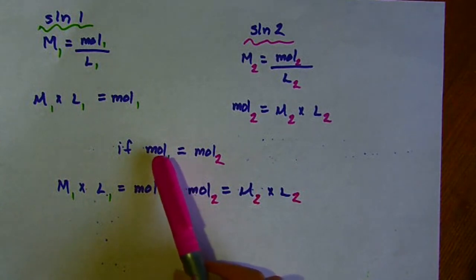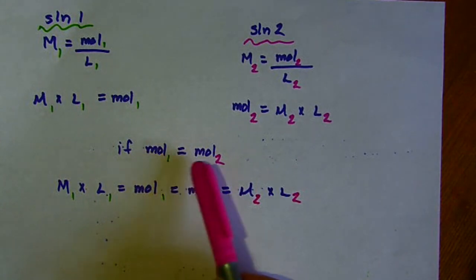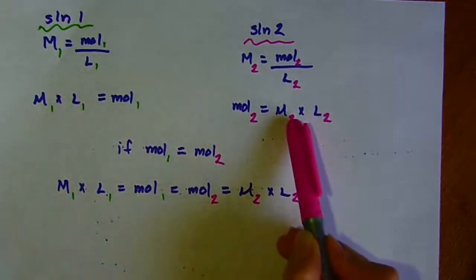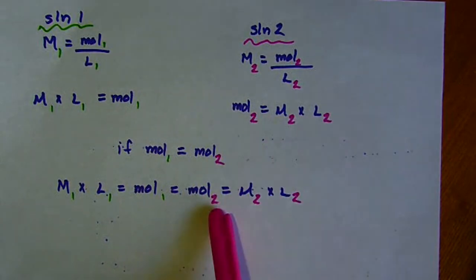So because the number of moles in my first solution equals the number of moles in my second solution in a dilution, I can set these two equations equal to one another, which is what I've done here.